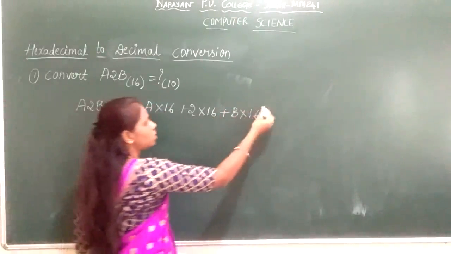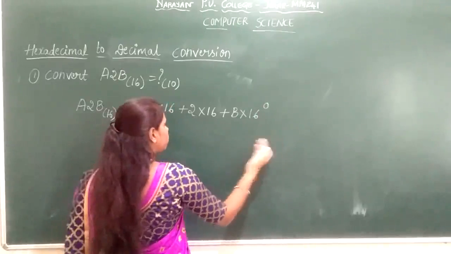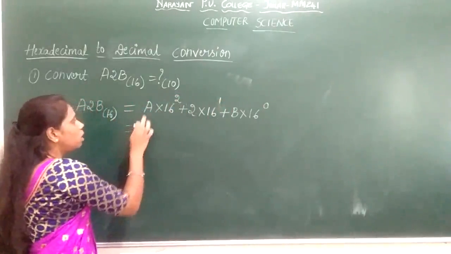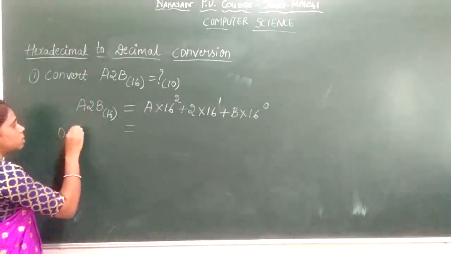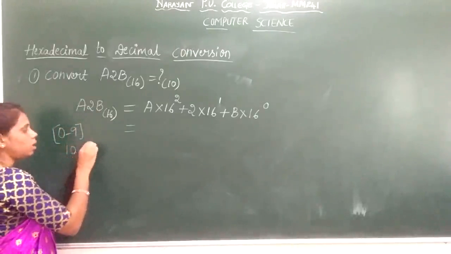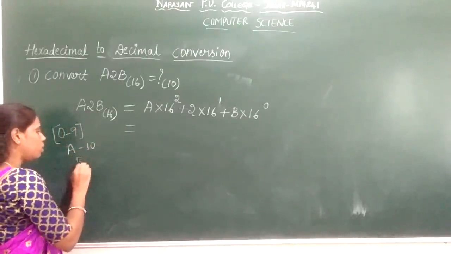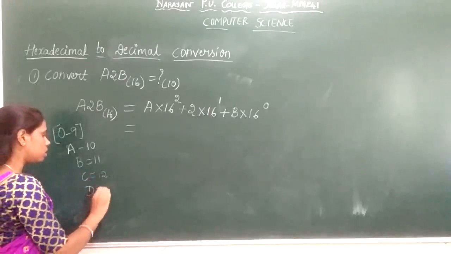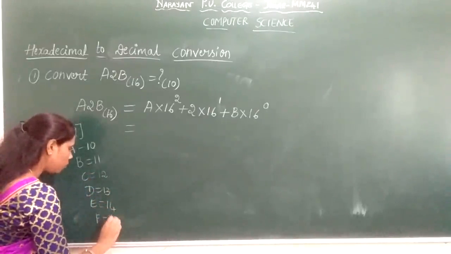So in this situation you should start positioning the values from right to left: 0, 1 and 2. Now what is the value of A? As I told, the hexadecimal number system has the range from 0 to 9. After 9, A represents the value 10, B is 11, C is 12, D is 13, E is 14, F is 15.